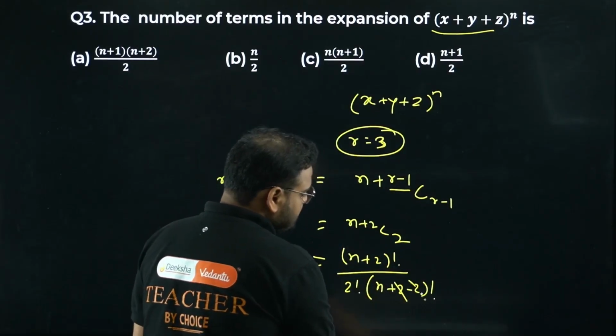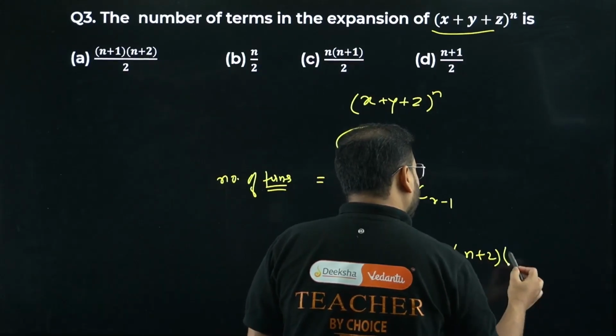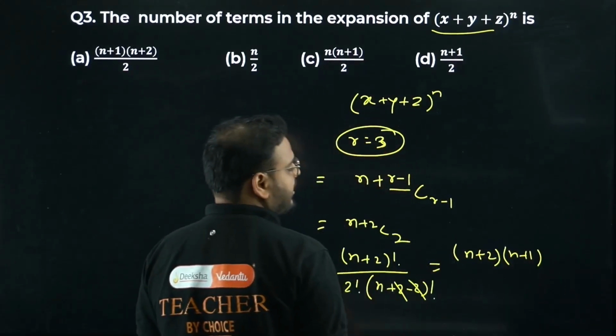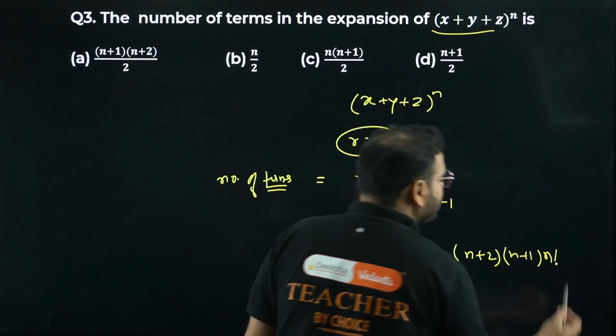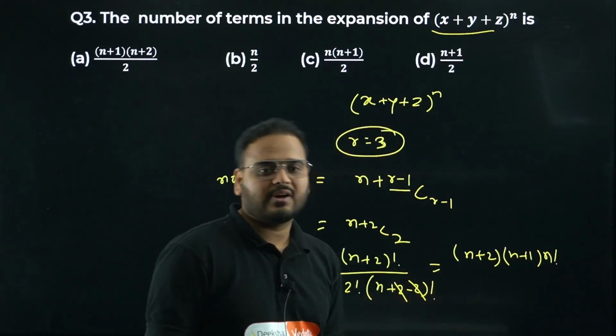We get n plus 2 minus 2 cancelled. It will become (n plus 2) times (n plus 1) times n factorial.